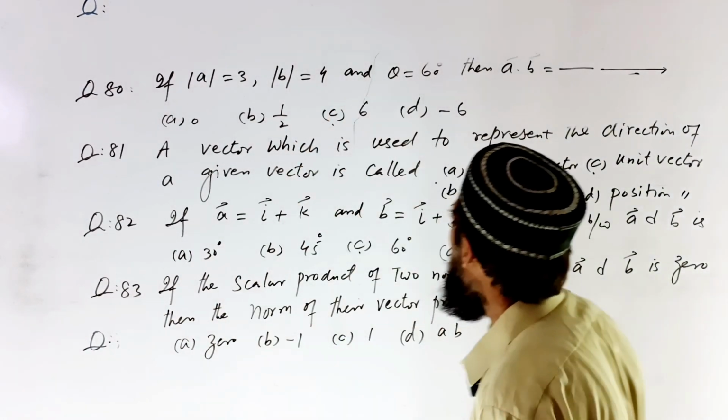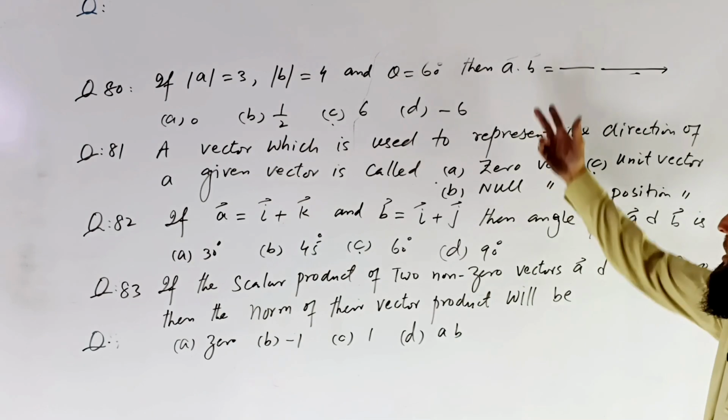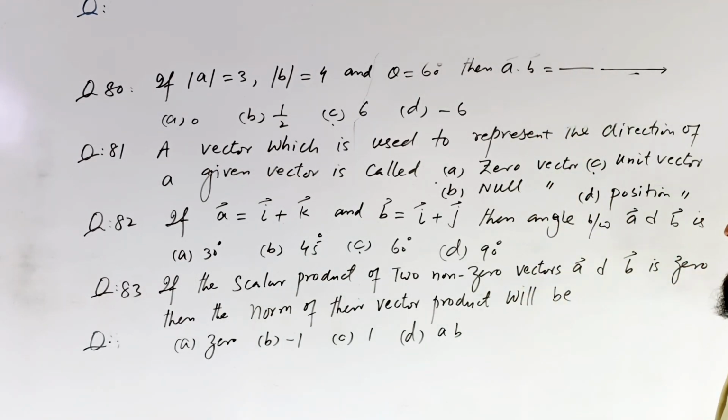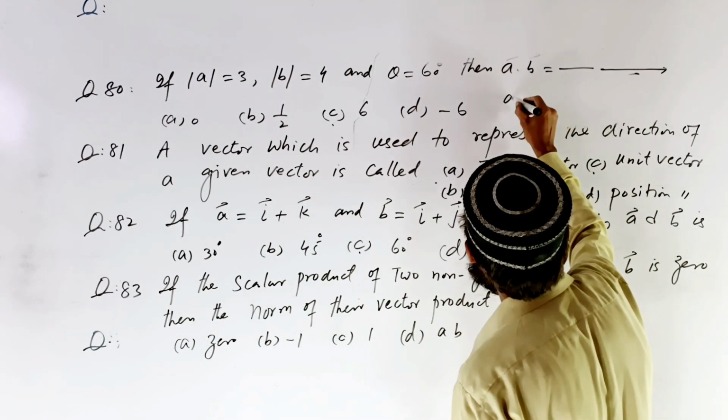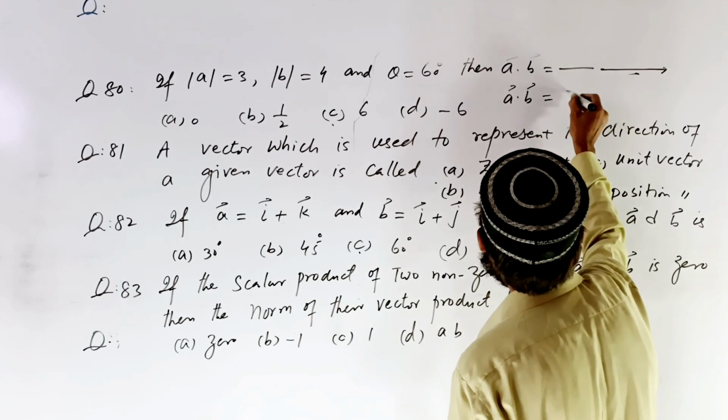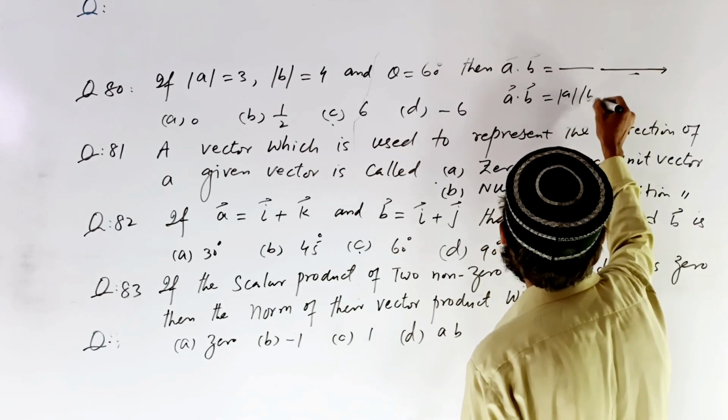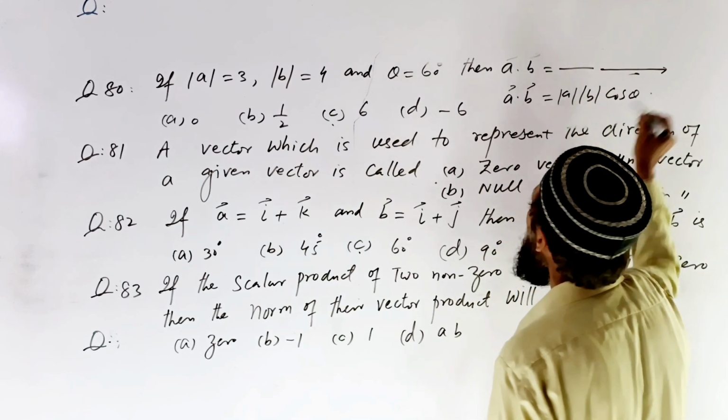Because the magnitudes and theta are given, it is a dot product, not a cross product. Dot product means scalar product. So A dot B is equal to A magnitude, B magnitude, cos theta. Theta is also given.